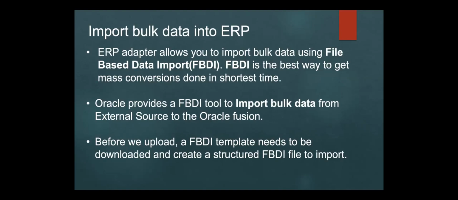When you upload the suppliers into the ERP via the FBDI approach, in order to upload these files, you should prepare one file, which is called the FBDI file. You should already have one template in place to create that file. That FBDI template you can download from the Oracle documentation, which I will show you.